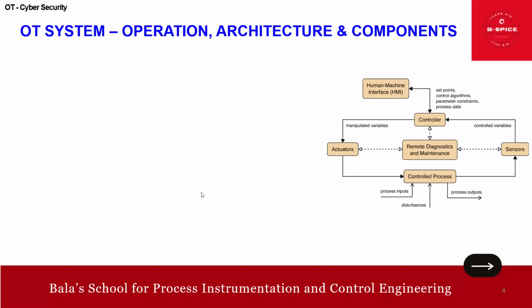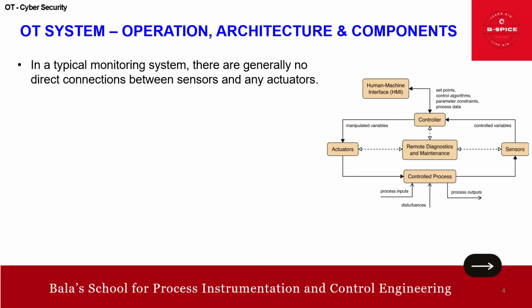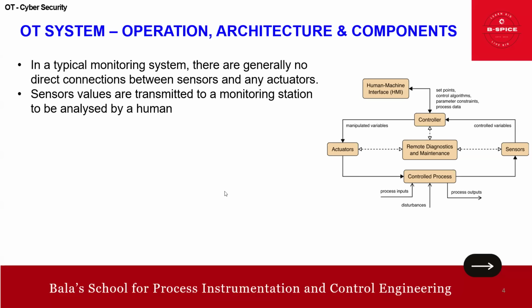Very basic. In a typical monitoring system, there is generally no direct connection between the sensors and the actuators. Sensor values are transmitted to a monitoring station to be analyzed by a human.